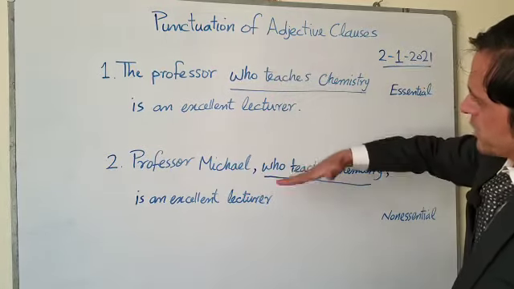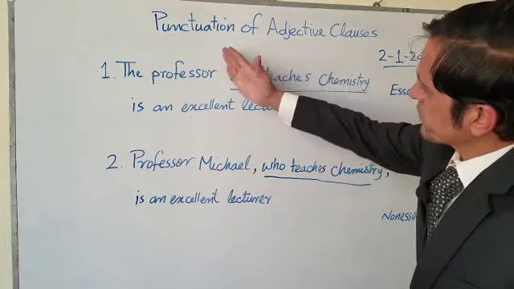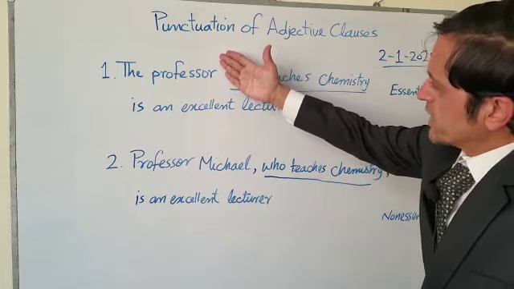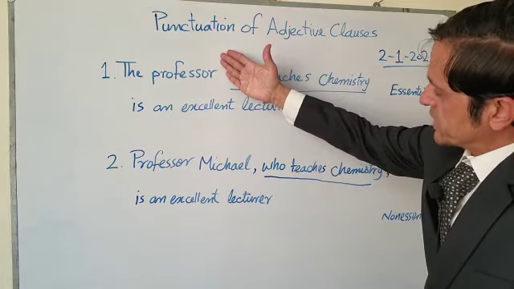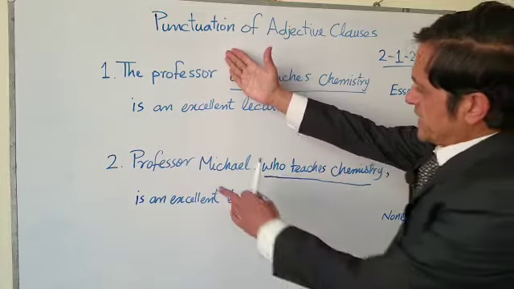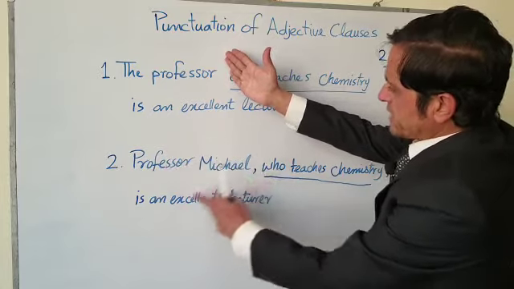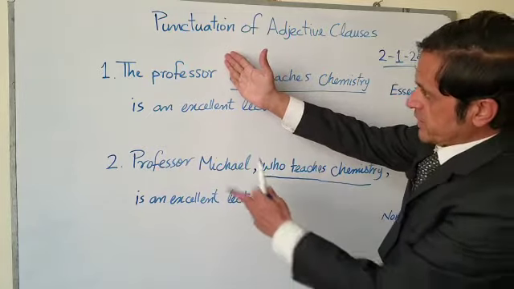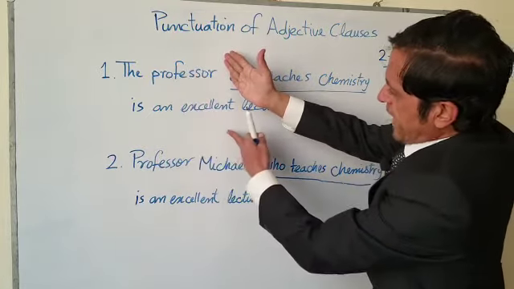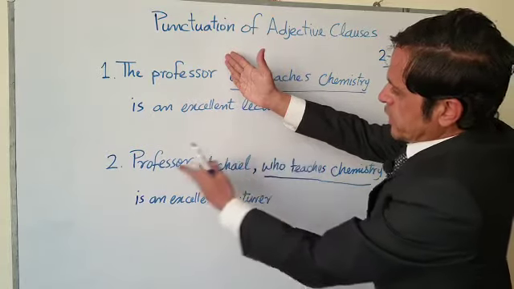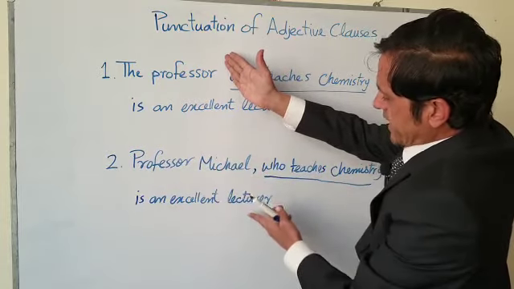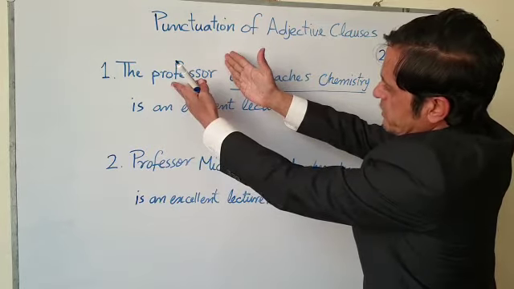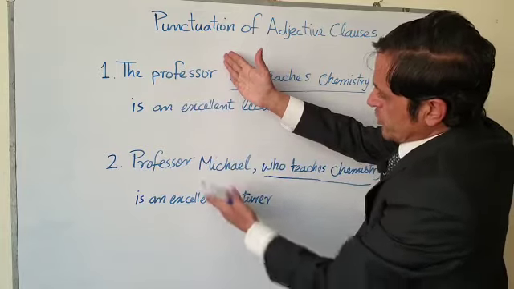If we compare these two sentences, if we say the professor is an excellent lecturer, it does not give that much understanding as Professor Michael is an excellent lecturer. Here we don't know who the professor is, but there we know Professor Michael.